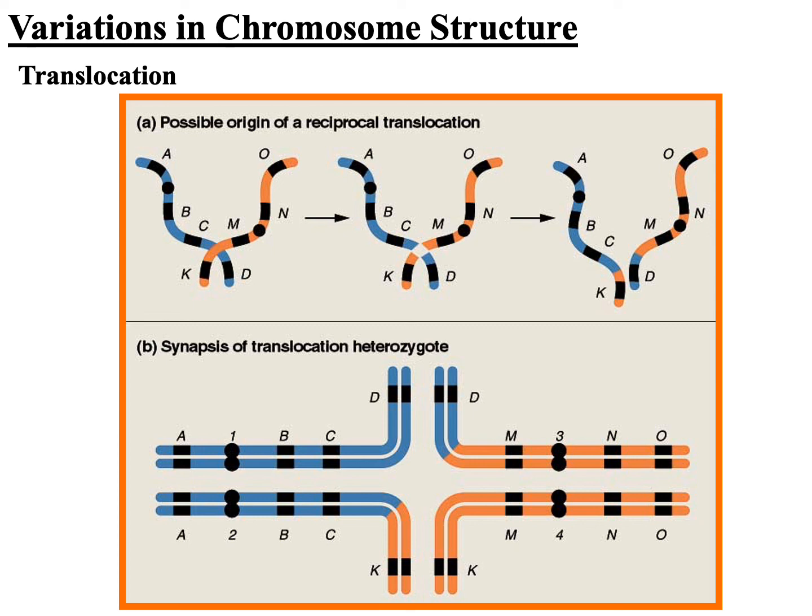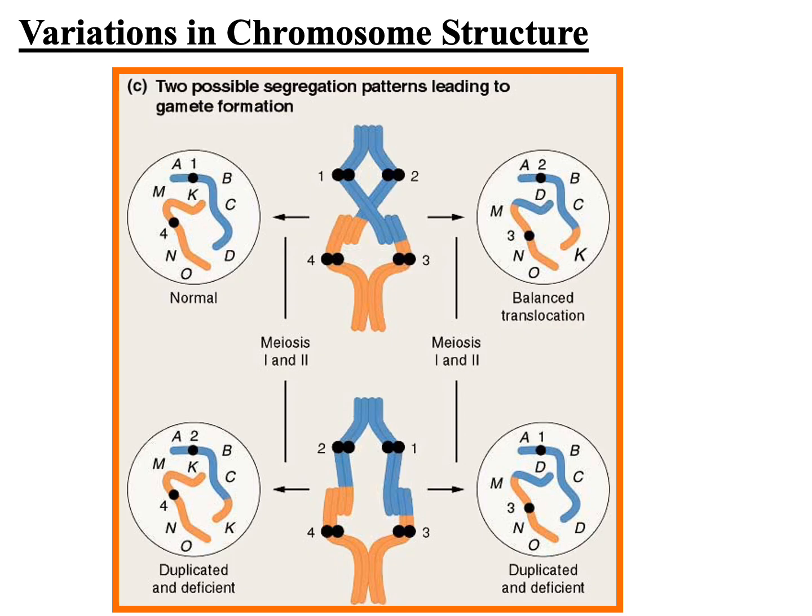You can also see the orange portion, gene O, gene N, gene M pair up very nicely. But because there has been this translocation, you get this very odd structure that occurs during synapsis. And again, synapsis is when homologous pairs of chromosomes align or pair up. So what does that mean?